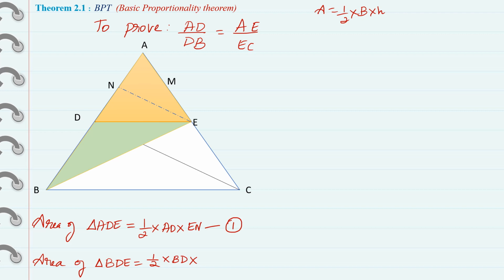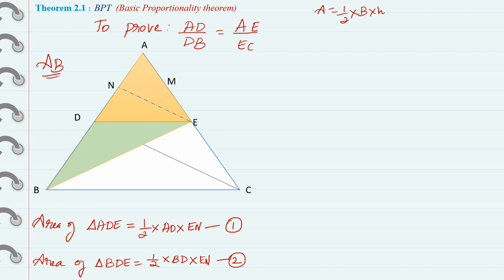As I explained earlier, we draw from one vertex a line perpendicular to the other side. So EN is the height of triangle BDE. This is the AB side. So what we have studied till now is the AB side.